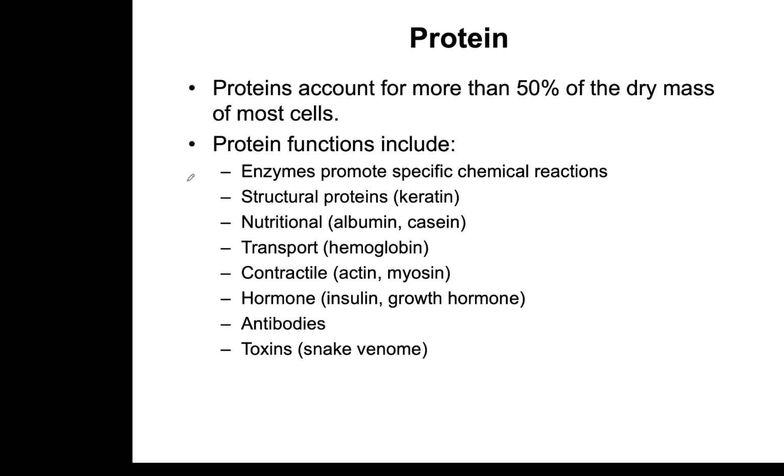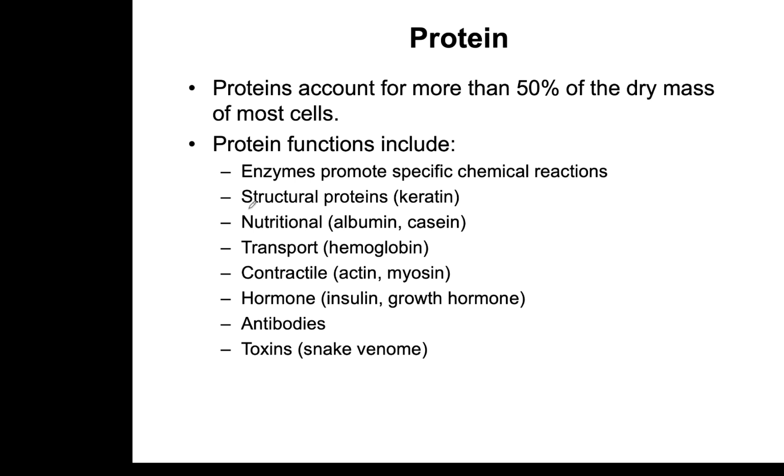Let's move to protein. Proteins account for more than 50% of the dry mass of most cells. Proteins have many functions. One of them is enzyme, to promote specific chemical reactions. Also, it forms structural proteins.